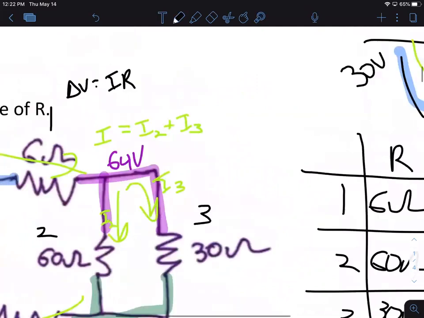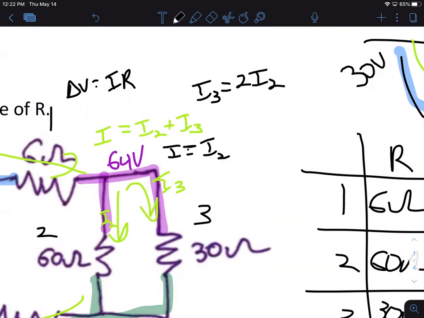So we know the current through 3 has to be twice the current going through 2, because it has half the resistance but the same delta V. And we know current is conserved, so I has to be I2 plus 2I2.